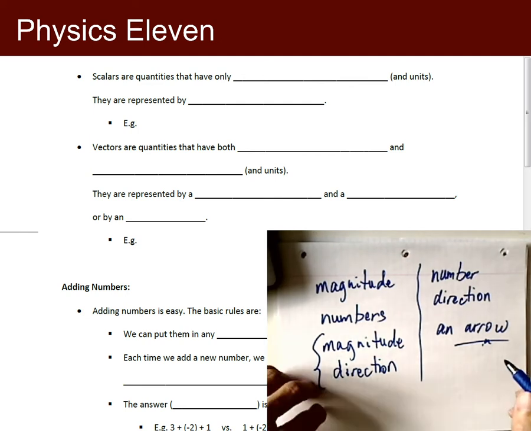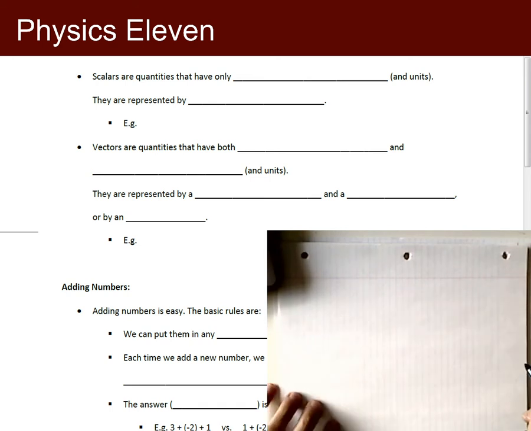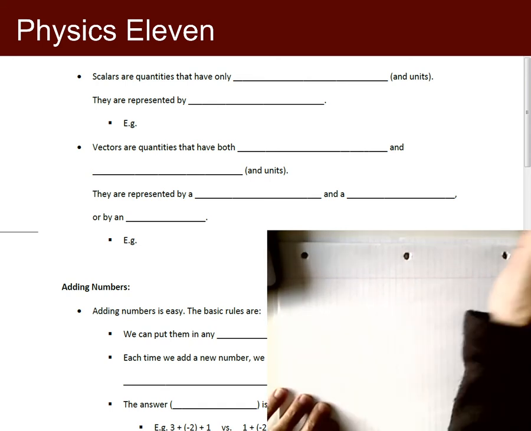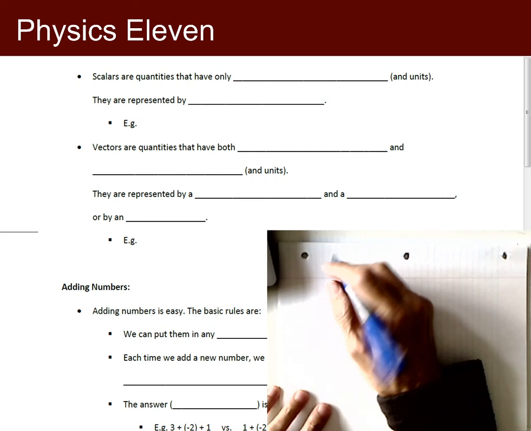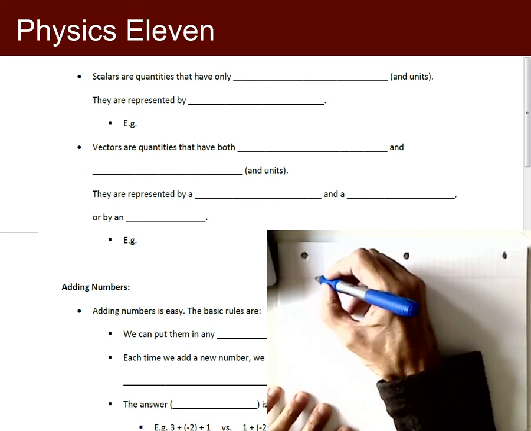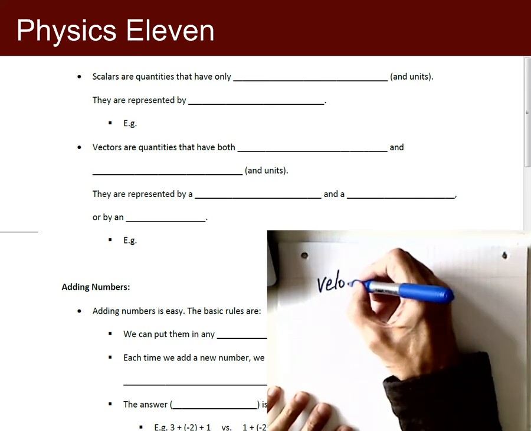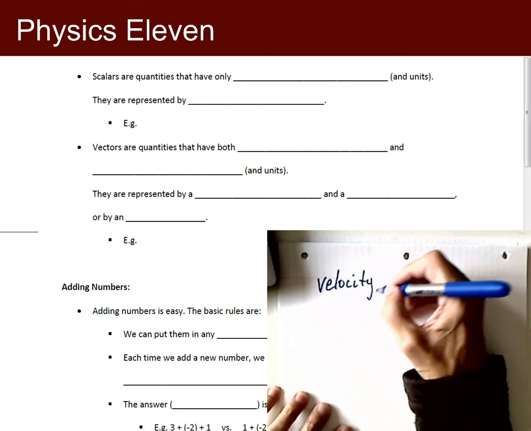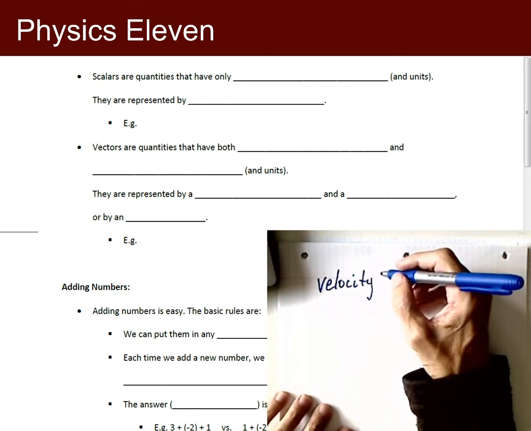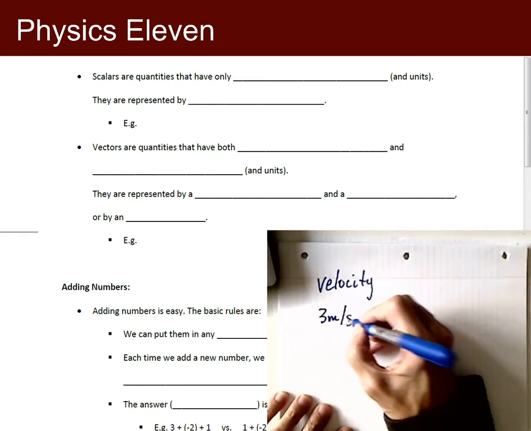So, as an example, let's say that you wanted to represent velocity. So this is for our example. And let's say you want to represent a velocity of 3 meters per second.